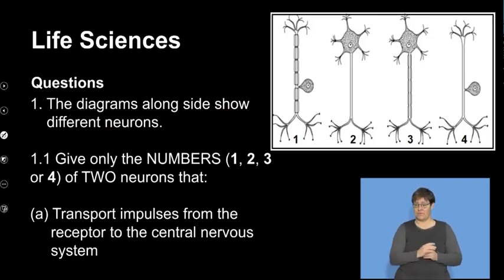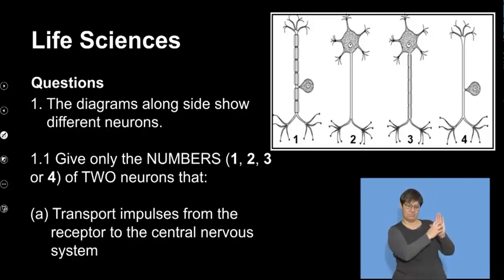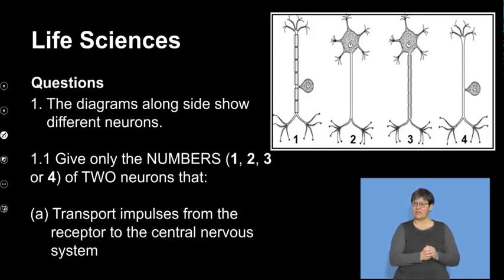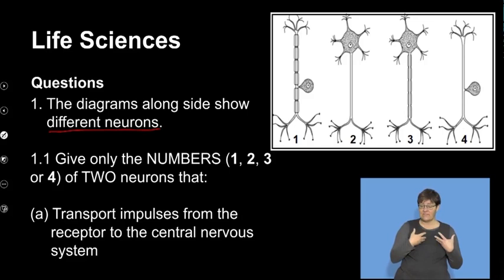Then number 4 here, we're looking at the diagram that shows different types of neurons. We did neurons. And then it says, give only the numbers. When you answer, you only give the numbers 1, 2, 3, or 4 of 2 neurons. How many? 2 neurons.